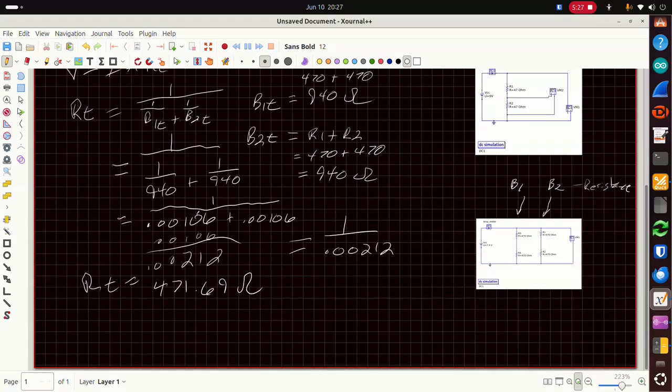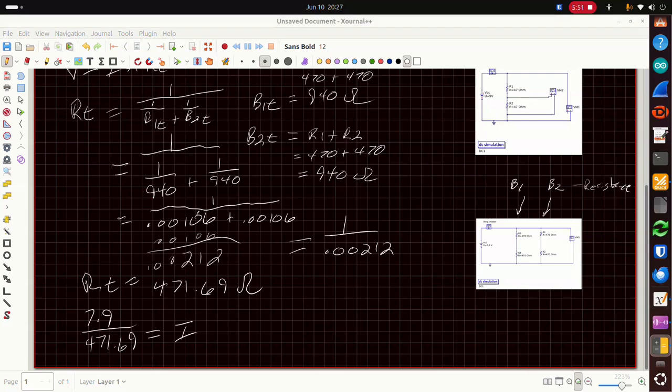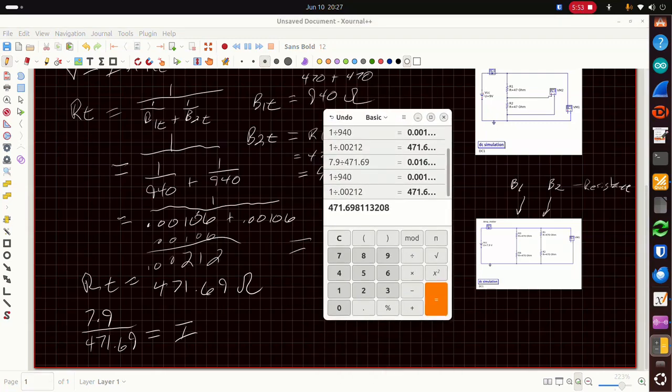So now we know RT, so now we can figure out current. And so we know that the voltage here is 7.9 volts divided by RT, which is 471.69 equals I. And now we are going to grab our calculator once again.